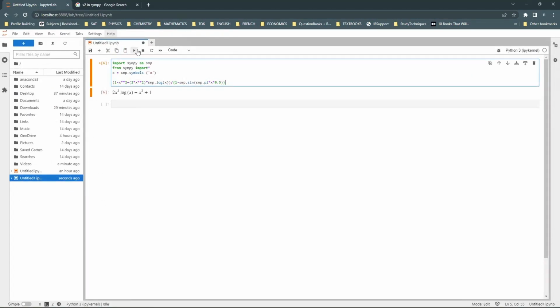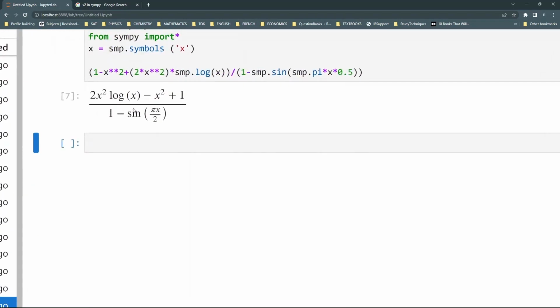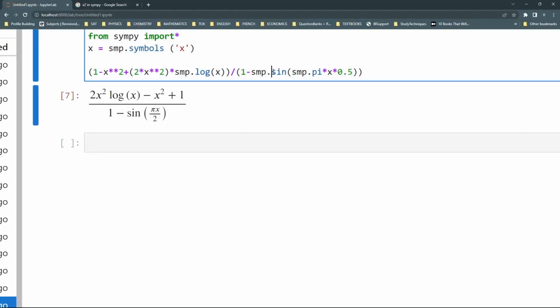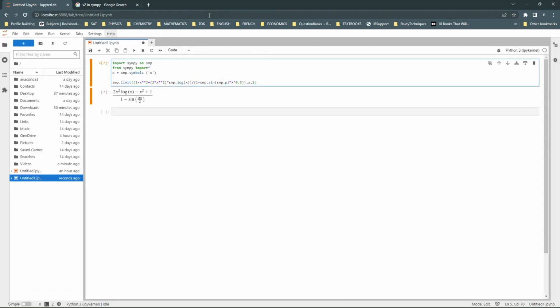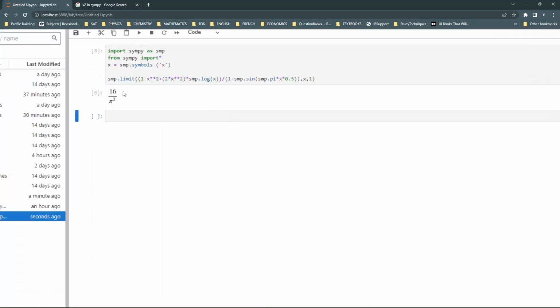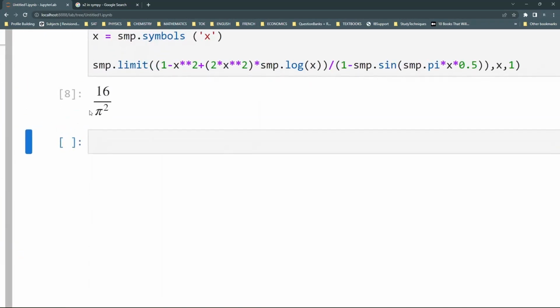And I close it, and there you go. I have the expression over here. Now all I need to do is go over here and add another limit, sp.limit, and then I write x approaches 1. So I get 16 by pi squared.